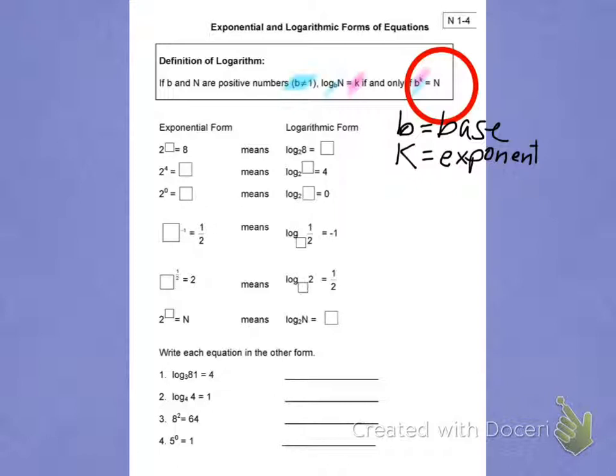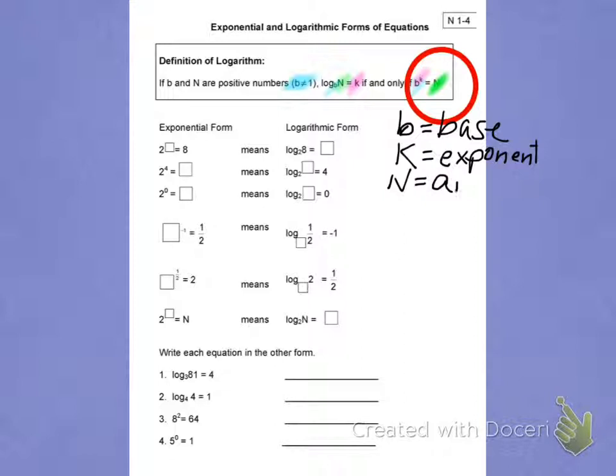Your n, whoops, we don't want to use blue because we've already had blue. Let's use green. So n right here is going to be your answer.